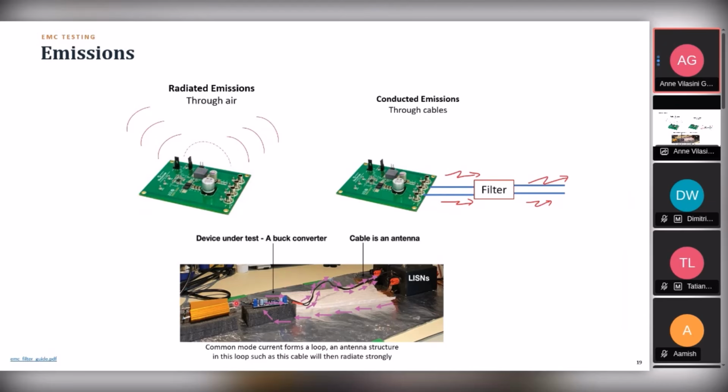So here is an image from a real test bench. There is a little buck converter, which is the device under test. It is connected through these cables to the measurement equipment. So what's happening here is the common mode current flows out and it forms a loop, which is represented by these pink arrows. So this loop of cable then becomes an antenna.